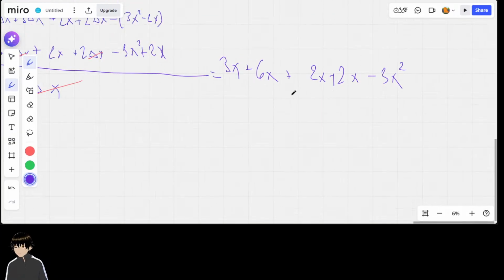Combine like terms. Wait, let me just be right back.